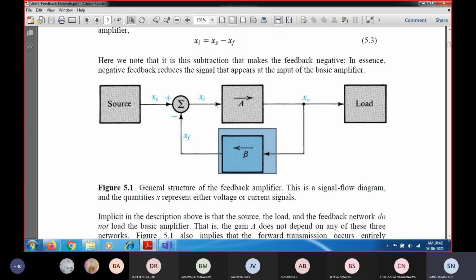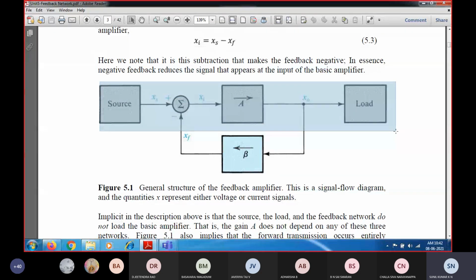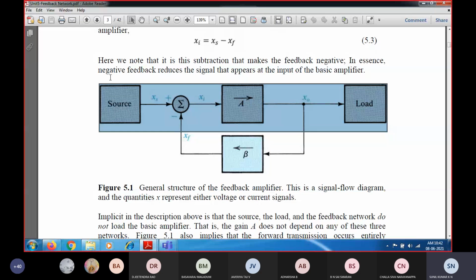At the output side of the amplifier, that is across the drain in the case of MOSFET, and in the case of BJT the collector side, we provide an external load resistance RL. Therefore, across that RL we get the output signal. So we have seen only these three important blocks, right?